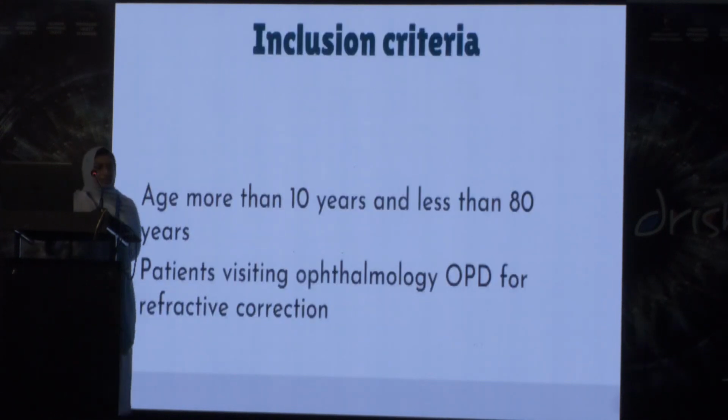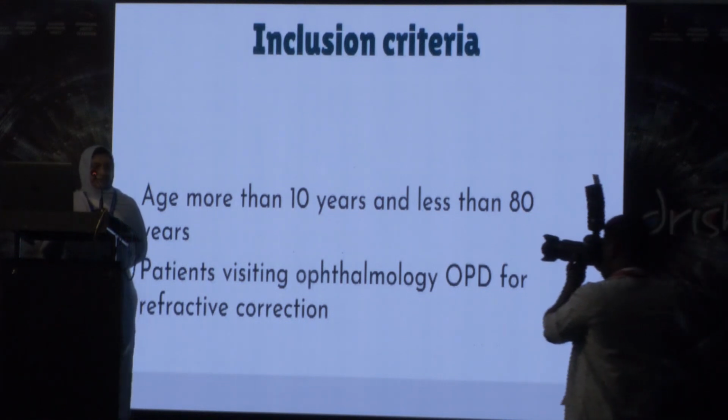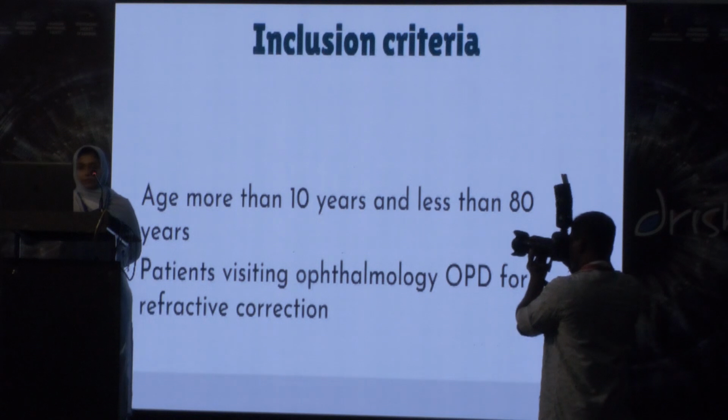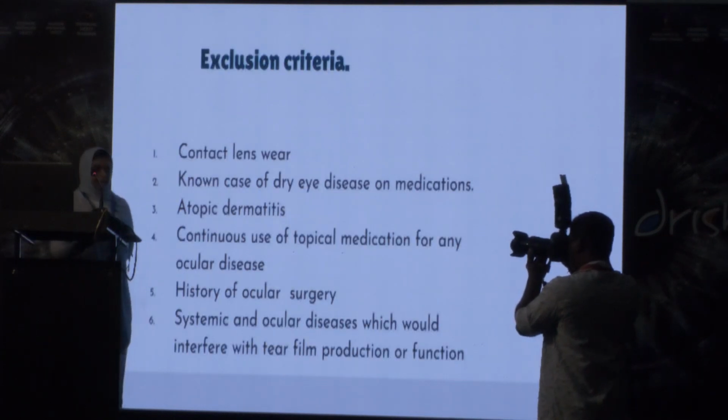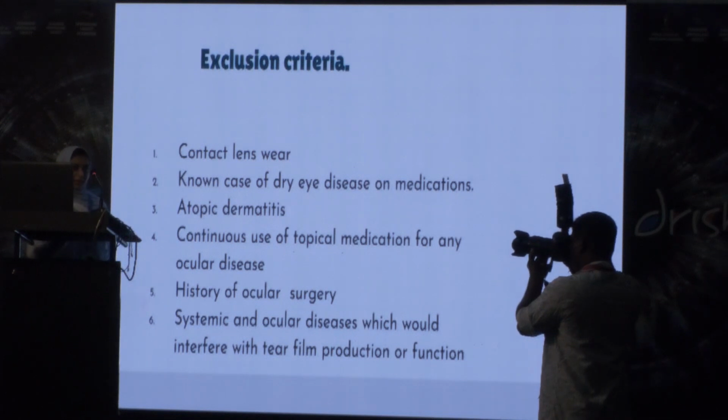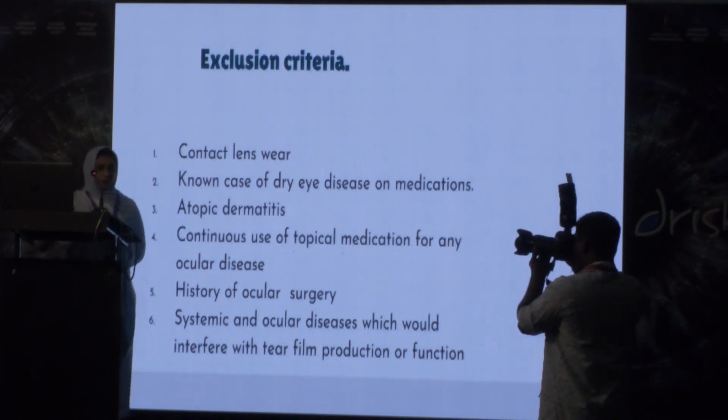The inclusion criteria was any person attending OPD between 10 and 80 years, and patients visiting OPD for refractive errors. Exclusion criteria was if they were wearing any contact lens, if there were any known dry eye disorders or any previous history of ocular surgeries, they were excluded from the study.